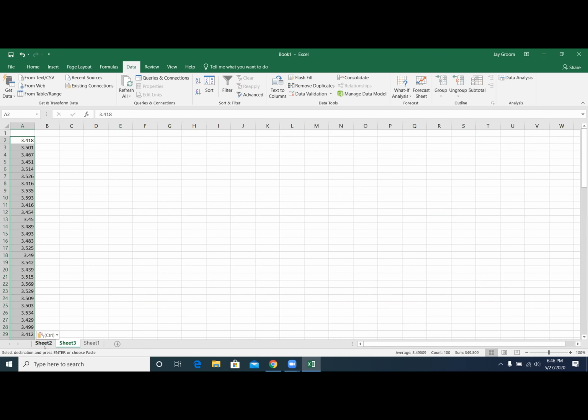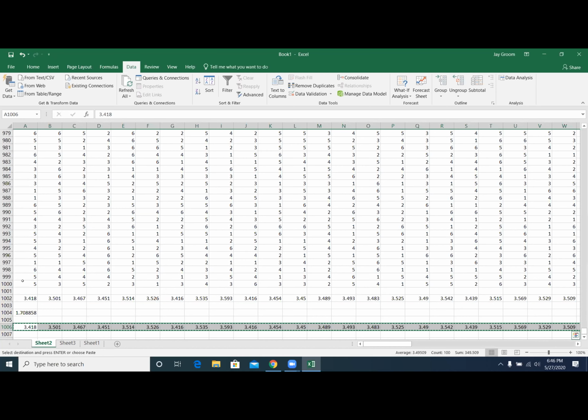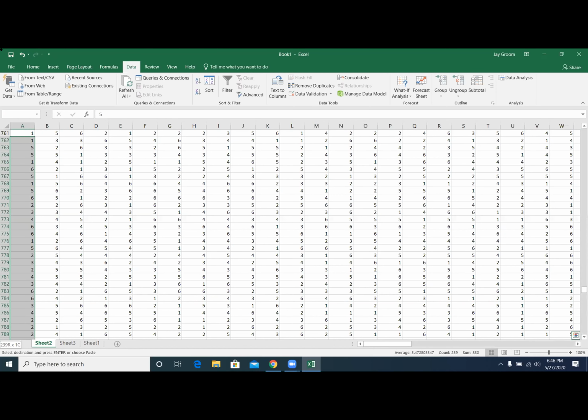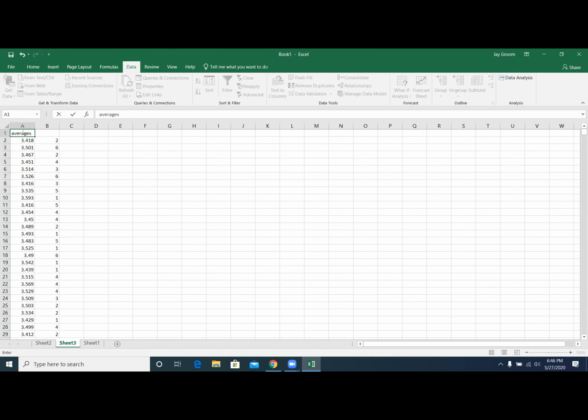Now, while I'm at it, I'm also going to select one of these columns, and it doesn't really make any difference which column I select. What I want to show you is these are both Control C. Averages, X's, whatever, not important.